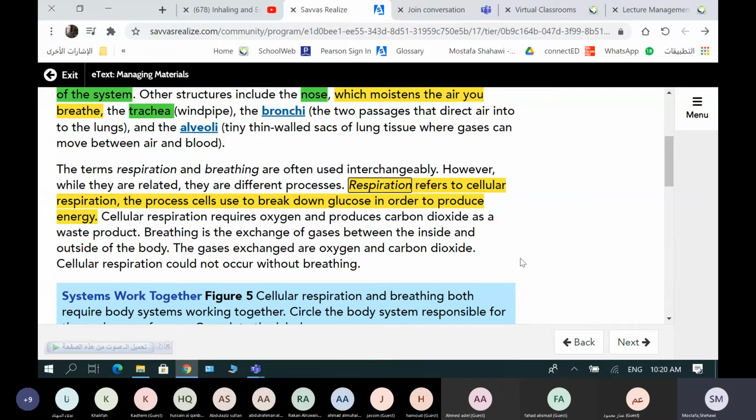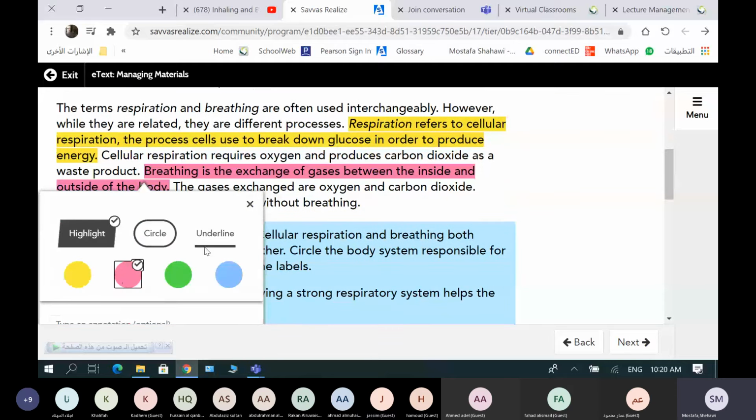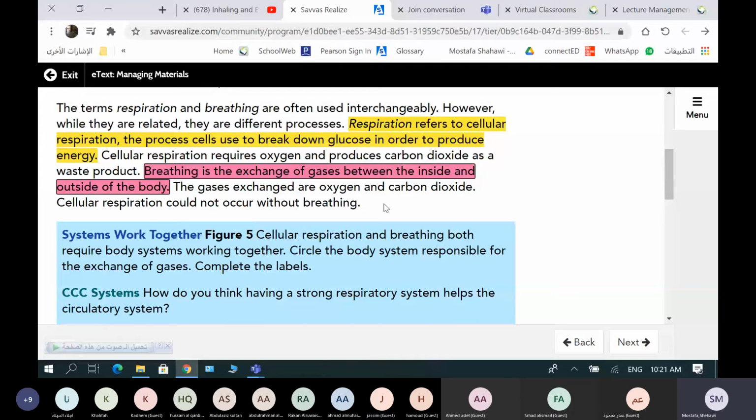Cellular respiration requires oxygen and produces carbon dioxide as a waste product. Breathing is the exchange of gases between the inside and outside of the body. The gases exchanged are oxygen and carbon dioxide. Cellular respiration could not occur without breathing.